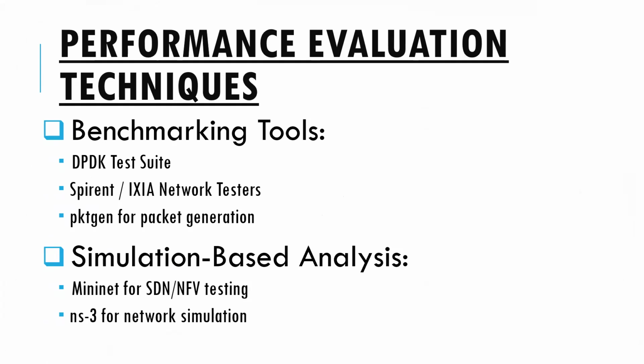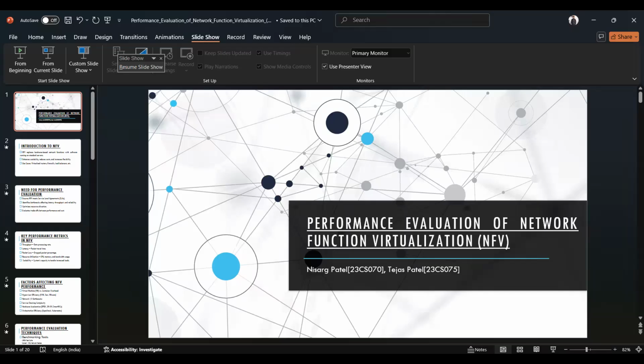In performance evaluation techniques, the benchmark tools are DPDK test suites, used to test packet processing speed. Pktgen, a packet generator for simulating traffic. Mininet creates virtual networks for testing, and it helps in seeing how well real packets will work.